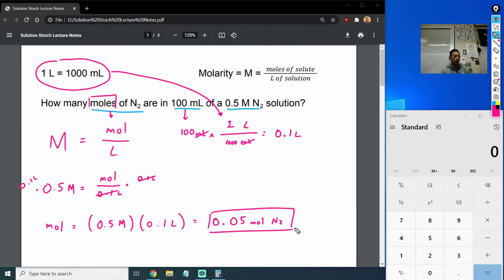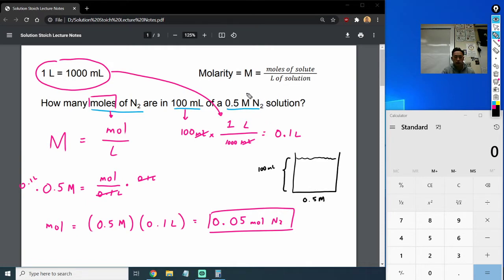Alright, so this should have been pretty simple. All we're doing is using this formula. Now, we said before that all these calculations tell us that if I have a container, and we're just going to use the numbers that we have with our solution, the amount of solution that we have is 100 milliliters, the concentration of the solution is 0.5 molarity.